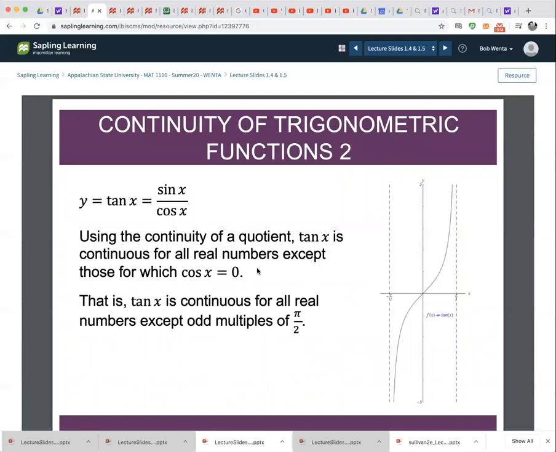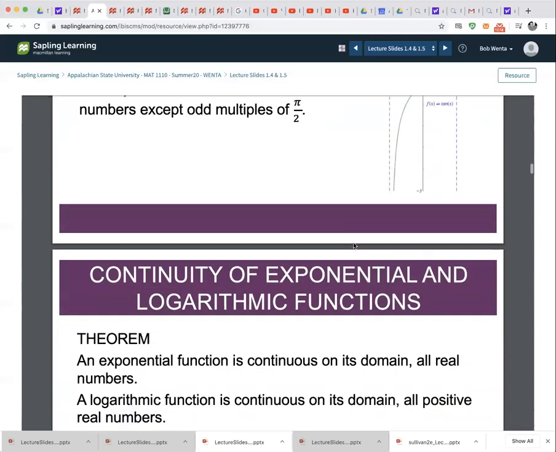So the tan function is continuous for all real numbers except pi over 2, negative pi over 2, 3 pi over 2, 5 pi over 2, 7 pi over 2, all the multiples where we're either at the top of the unit circle or the bottom of the unit circle. So it says all the odd multiples of pi over 2. That is where the denominator is equal to 0, and that can't fly.